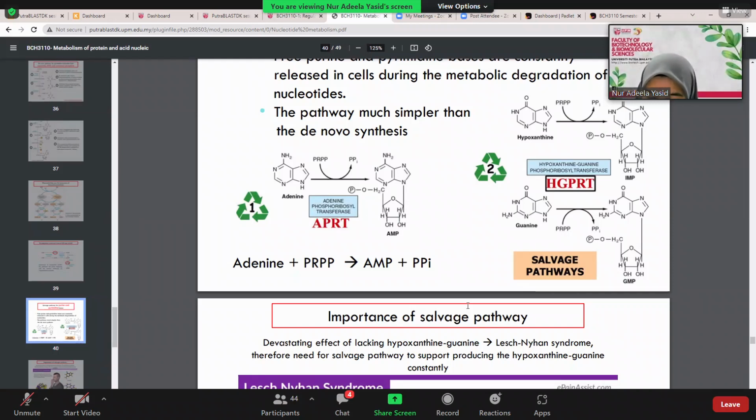So dia akan banyak berlakunya formation of degradation, akan berlakunya excessive production of uric acid. Bila ada nucleotide degradation, dia akan ada excessive production of uric acid.